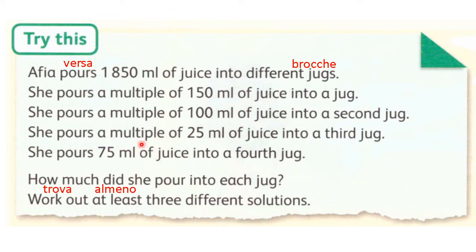She pours a multiple of 25 milliliters into a third jug. She pours 75 milliliters of juice into a fourth jug. The question is, how much did she pour into each jug? Work out at least 3 different solutions.